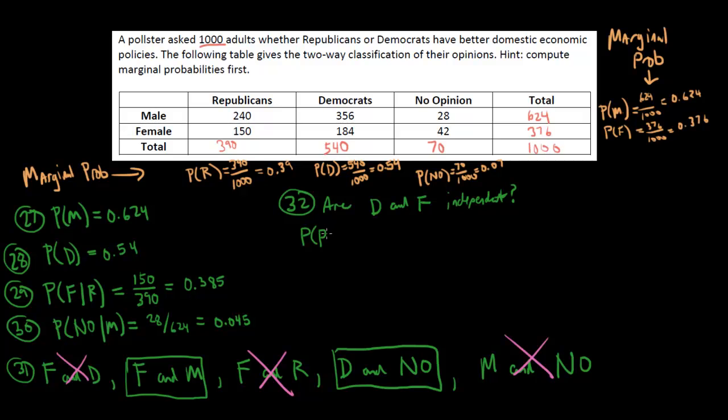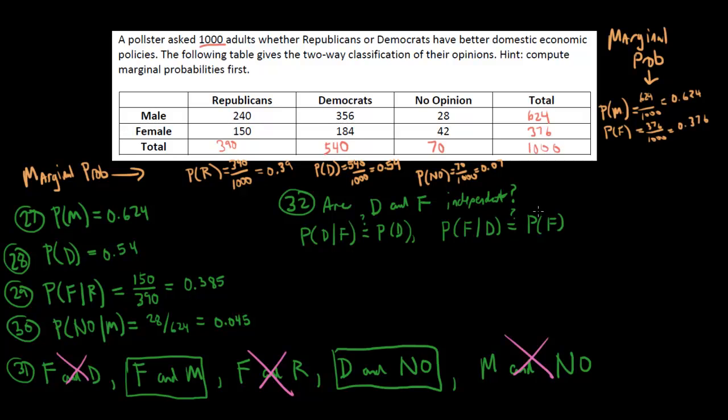The probability of a Democrat given female, if that is equal to the probability of Democrat, that's one way to show that they're independent. Or we can see if this holds true. The probability of female given Democrat is equal to the probability of being female alone.